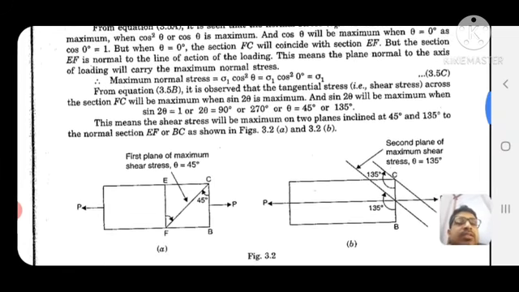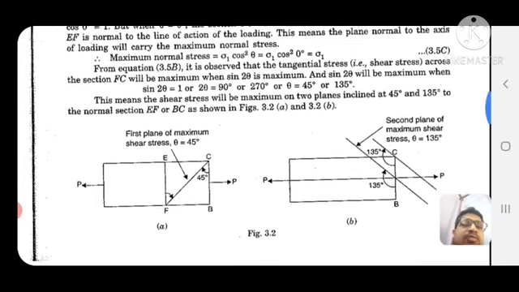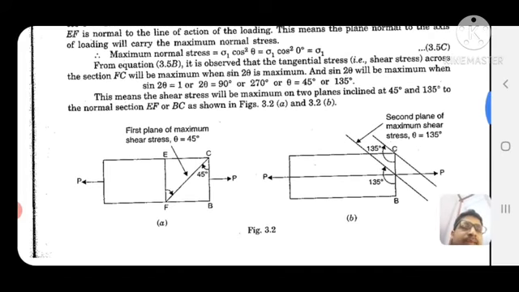When theta is equal to 0 degree, the section FC will coincide with section EF, but the section EF is normal to the line of action of the loading. This means the plane normal to the axis of loading will carry the maximum normal stress. Maximum normal stress is equal to sigma 1 cos square 0 degree, which is equal to sigma 1.